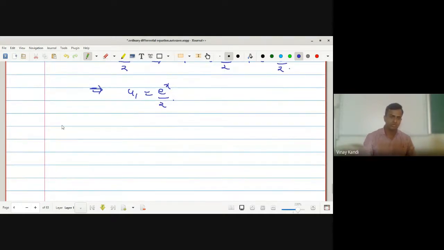Now similarly, we can find u2 dash now. Okay, now u2 dash is equal to determinant of e raised to minus x, 0, sin x; minus e raised to minus x, 0, cos x; e raised to minus x, 1, minus sin x.